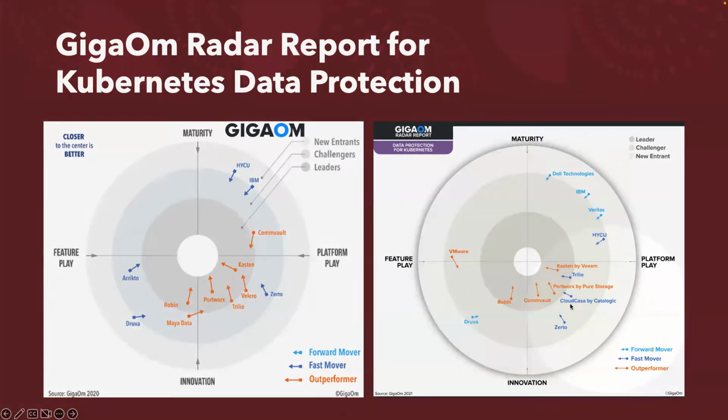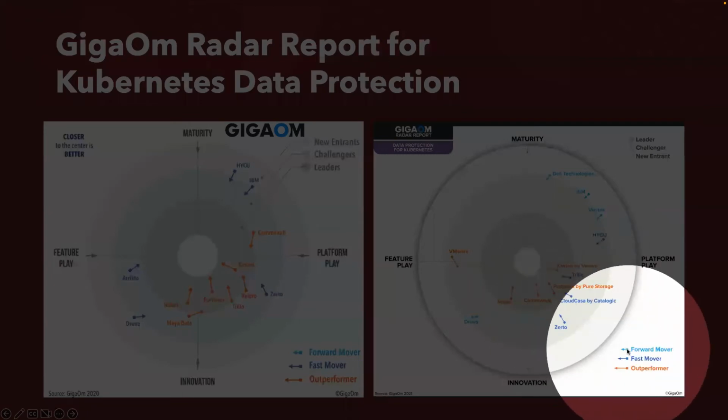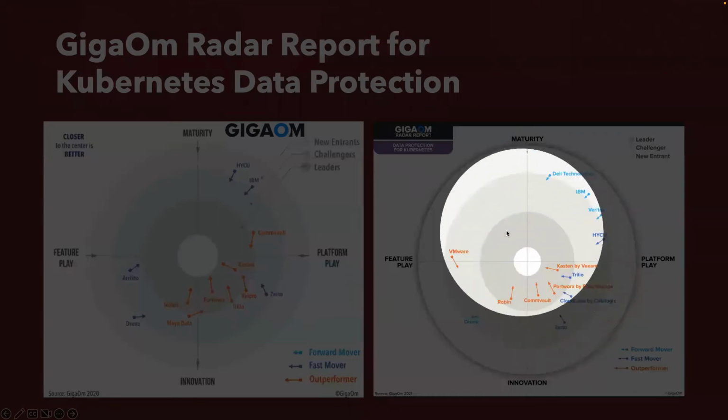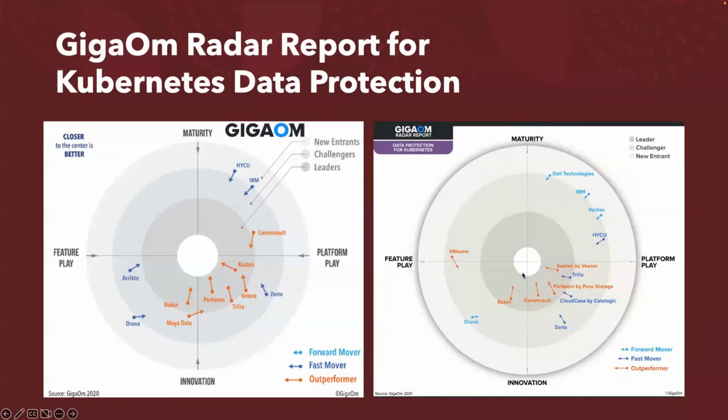So you can notice from here, CloudCasa by Catalogic is actually one of the fast movers. They're doing pretty good. They also moved to the inner circle. If you're not sure how to read the chart, basically, the closer to the center, the better. So CloudCasa did a very good job to come into the GigaOM radar report as one of the fast movers.